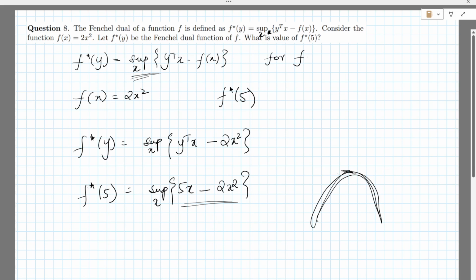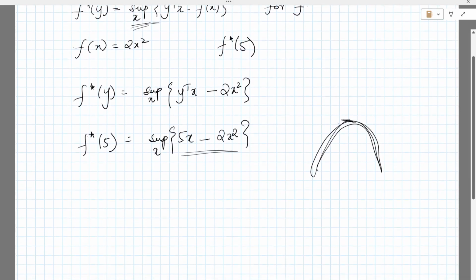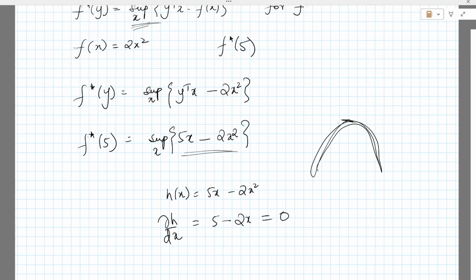So okay, let's say this is h of x equal to phi x minus 2x square, and I take the derivative of h with respect to x, which is phi minus 2x, and make it equal to 0.